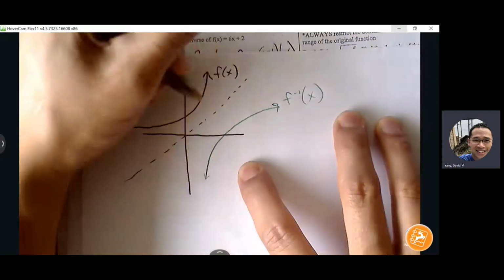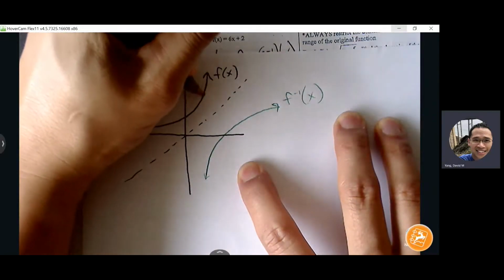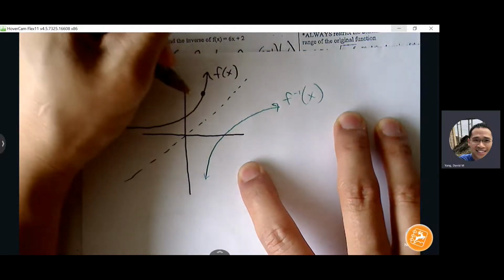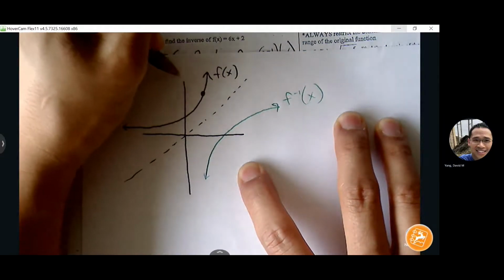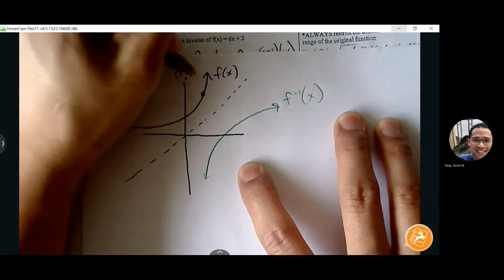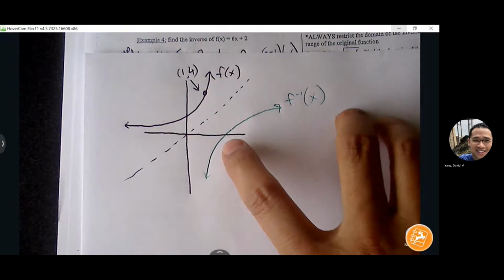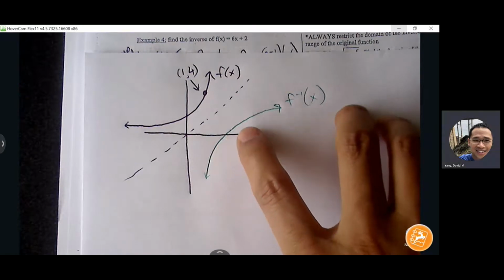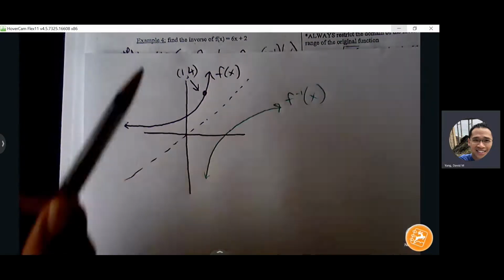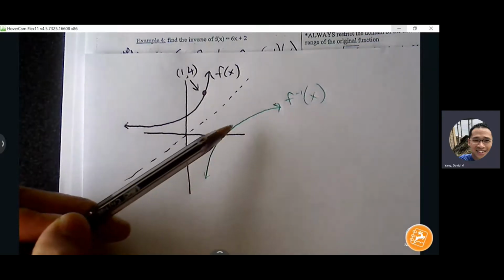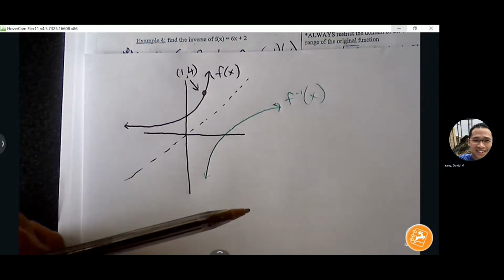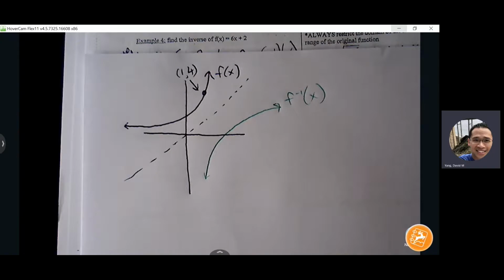So let's say there's an ordered pair on this graph that is 1, 4. So if there's an ordered pair of 1, 4 on the function, then on the inverse, there must be an ordered pair of what? 4, 1, right? Because if a function and its inverse, if we can call it its inverse, they're always going to have that flip-flop property, okay?